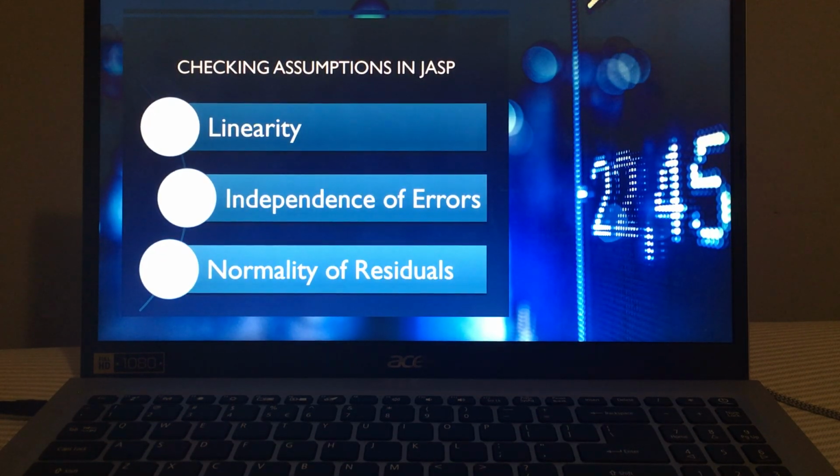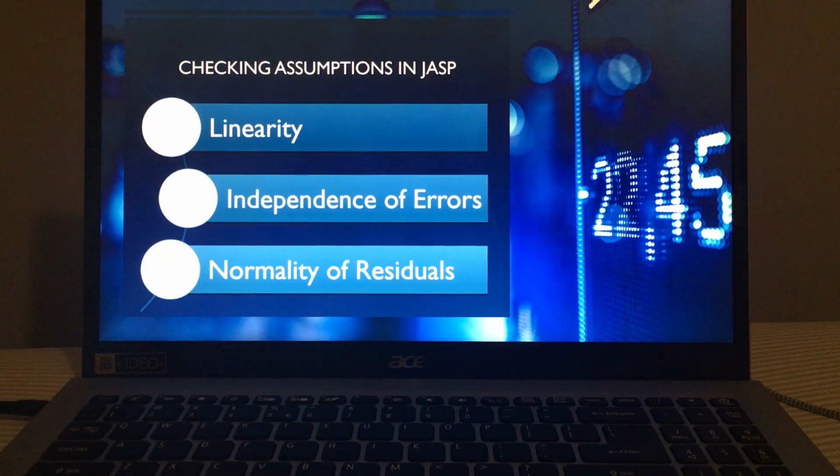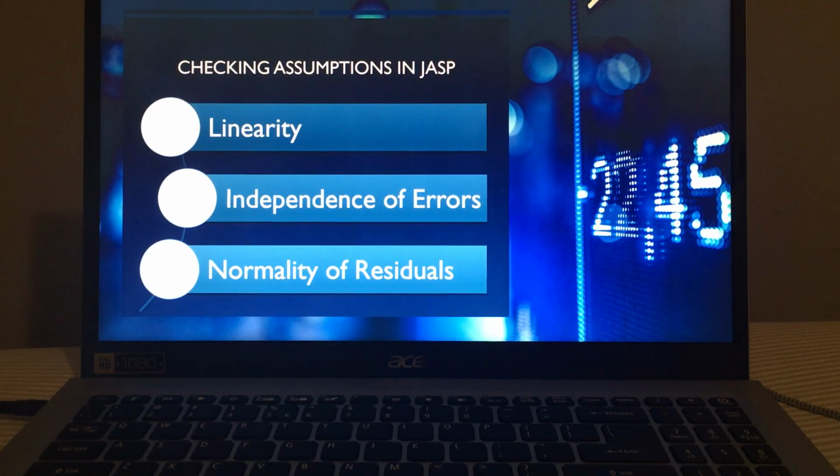If there is something strange, for example if the residuals all depend heavily on some other unmeasured variable, this could mess things up.